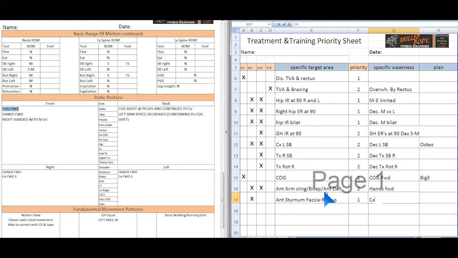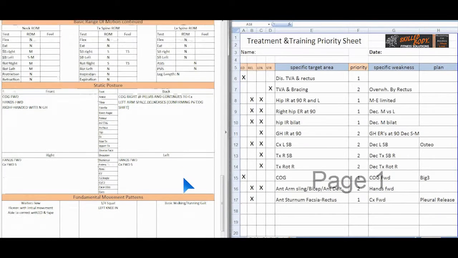So I'll just put here, cervical forward as our thing, and pleural release is the technique that I'm going to use, but depending on your skill level and your techniques, there are a bunch of techniques that you could use to correct that.